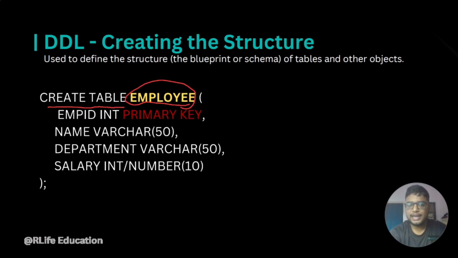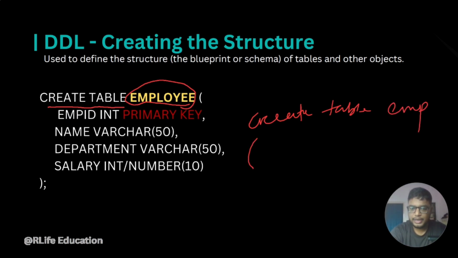When we have to create one table, we write like this: create table, then our table name, which may be anything, employee. Then we start a parenthesis and end the parenthesis along with a semicolon. Semicolon is mandatory. Within this parenthesis we mention our columns.